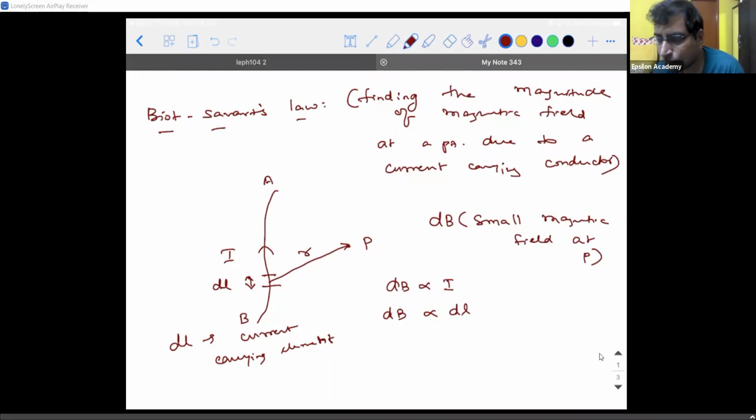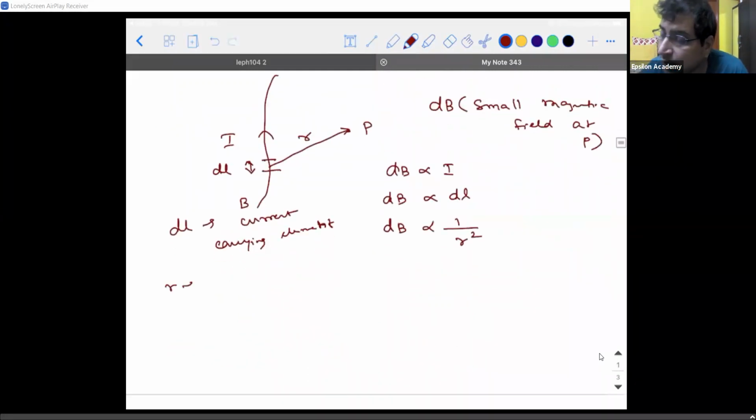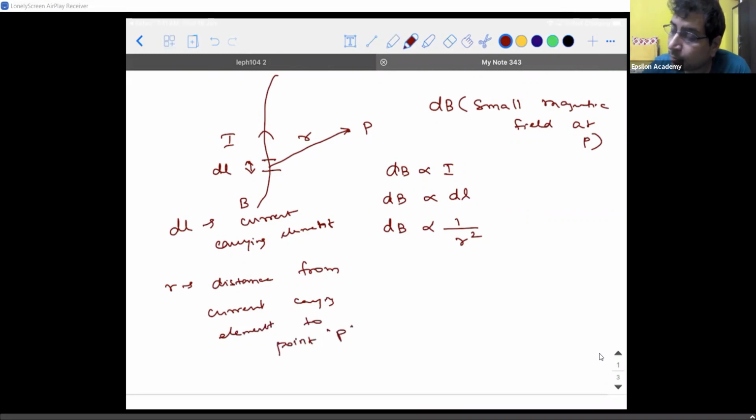I stands for current, obviously. So dB is observed to be directly proportional to I, and also directly proportional to dl. And dB is observed to be inversely proportional to the distance from the current carrying element to the point P. So r is nothing but the distance from the current carrying element to point P.